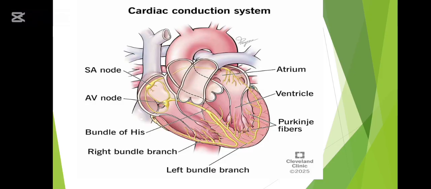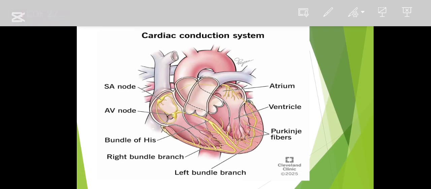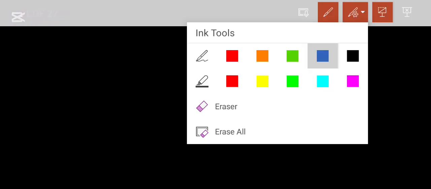5 major cells. This is a common cardiovascular essay: explain the conduction system of the heart. Okay, let me write the question down so that we get to work with it very well.